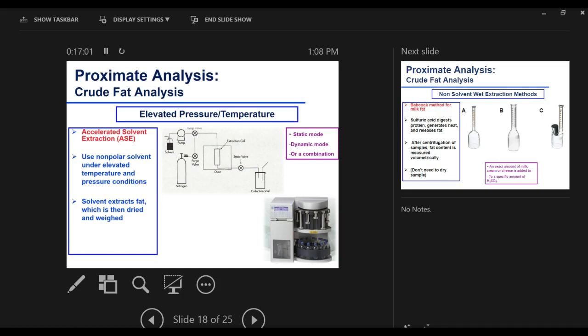That would be more expensive because you would need to use more solvent, obviously, than the static mode where you let it soak and then get the solvent and separate the solvent from the fat.